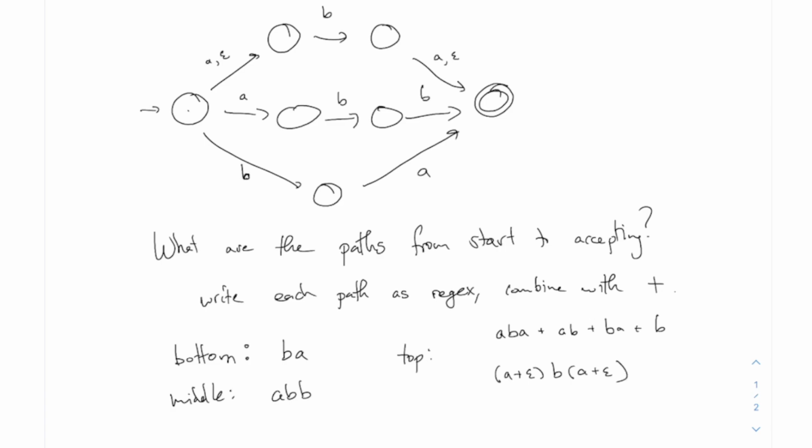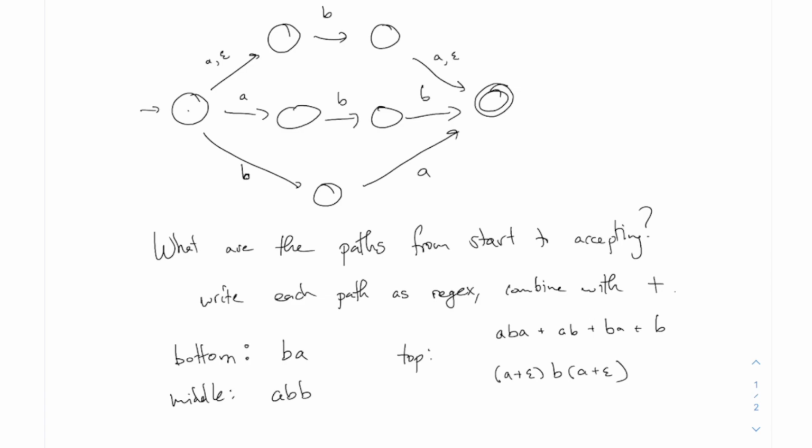I think this second way of writing it is maybe more immediately obvious how you would get that from these arrows, right? When you see an arrow with two labels on it, you might as well just put a plus there. So the first arrow is A or epsilon. The next arrow is B, definitely B, and then the arrow after that is A or epsilon. All right. These two are actually equivalent. I kind of like the second one better, but whatever. Any questions about those?